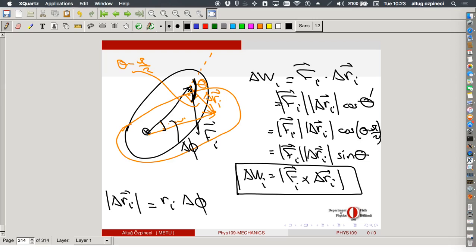For very small changes, this length is nothing but the length of the arc, and this delta phi is how much my rigid body rotates. So the work done by this very small object as it's rotating will be the magnitude of the force Fi, times delta Ri, which is Ri delta phi.